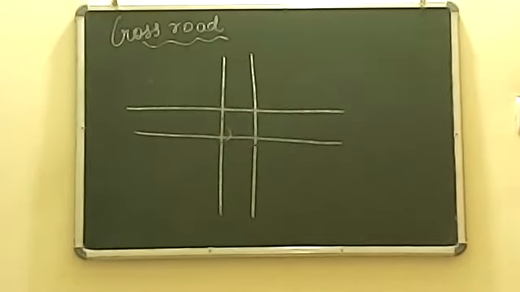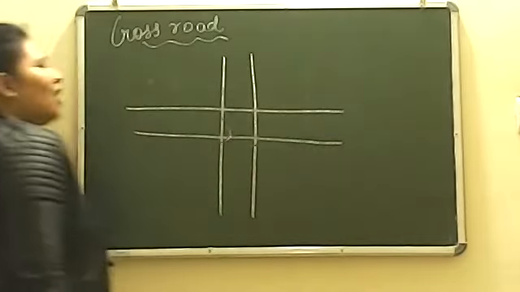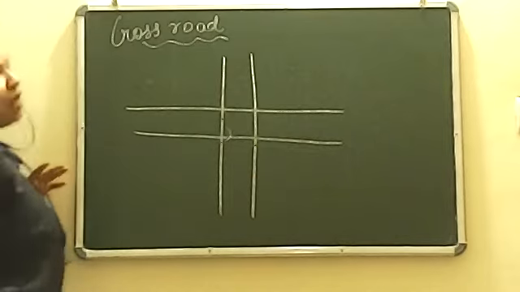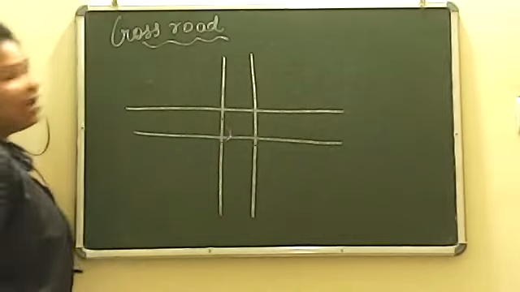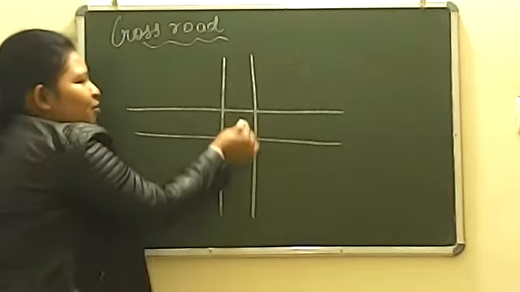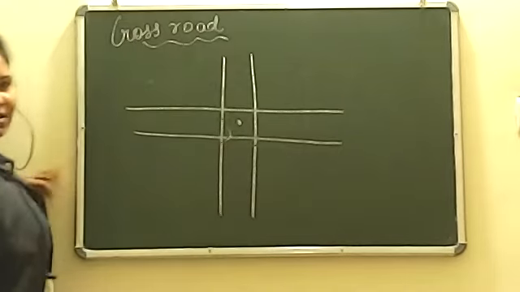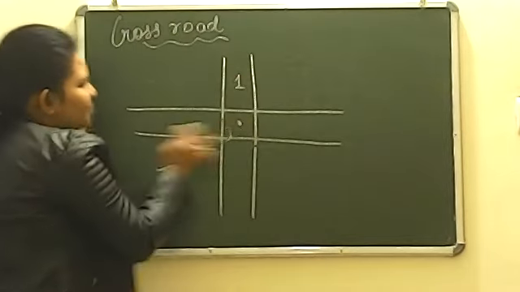Okay. So students, now we are discussing crossroads. Crossroads are named as Chauraha. In our locality, there are many places where we face Chaurahas. Now, what is the specialty of a Chauraha? That every road is moving towards one common place. If you look carefully, this road number 1 is coming to this place.